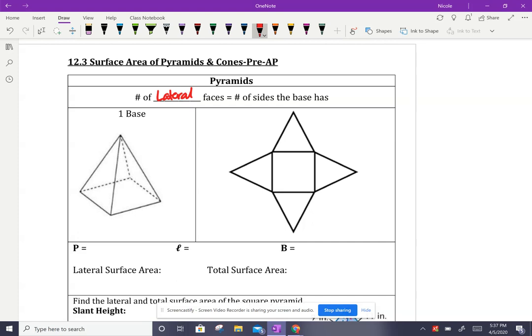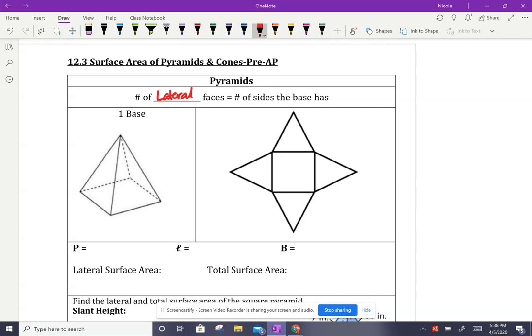So the base in a pyramid or a cone, there only exists to be one. When we had prisms, there were two bases. With pyramids and cones, there's only one base. It's that flat surface that it rests on. It's opposite of the apex or the top of the cone or pyramid.